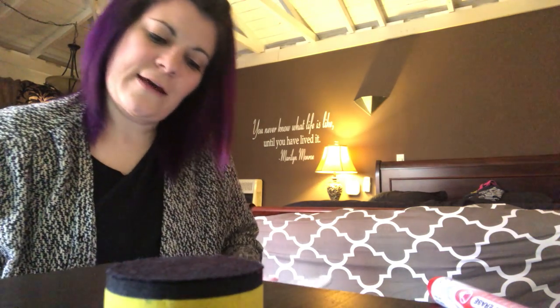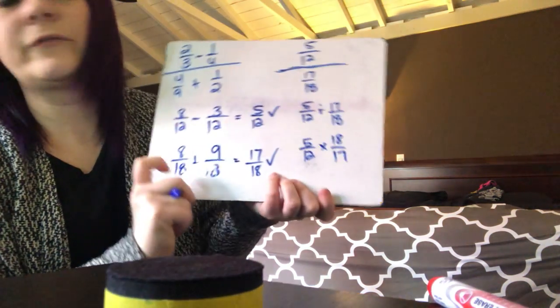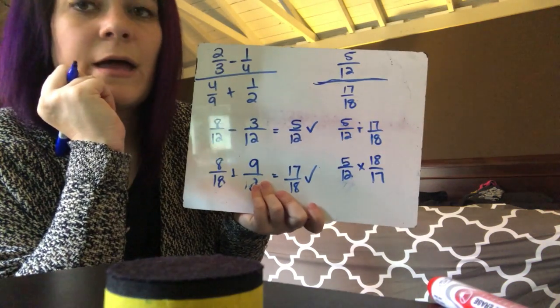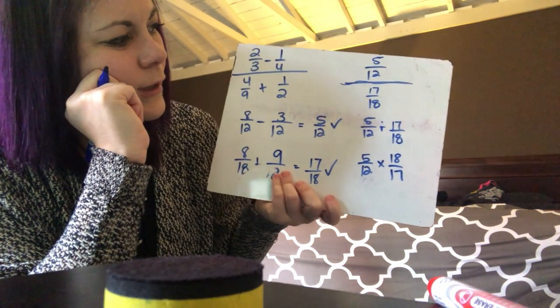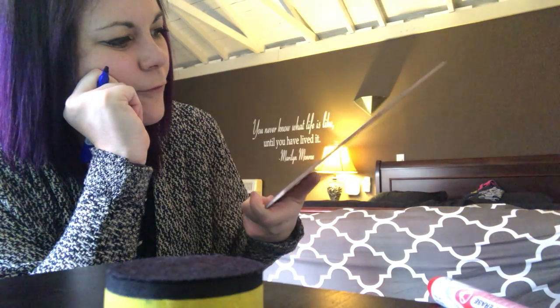So 5/12 times 18/17. I'm going to go ahead and cross reduce between 18 and 12.